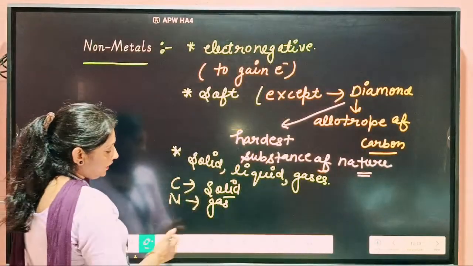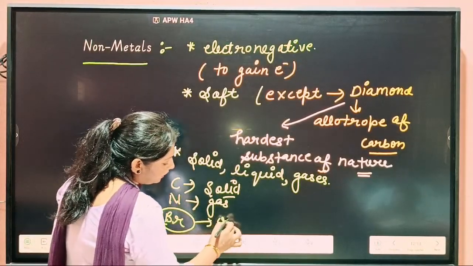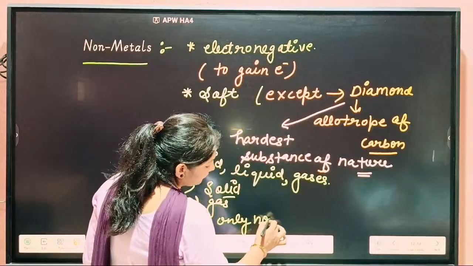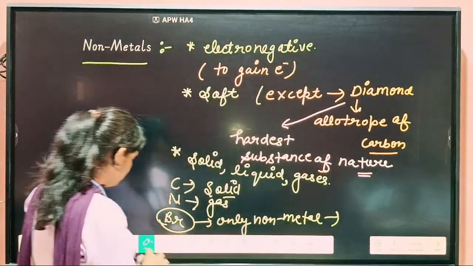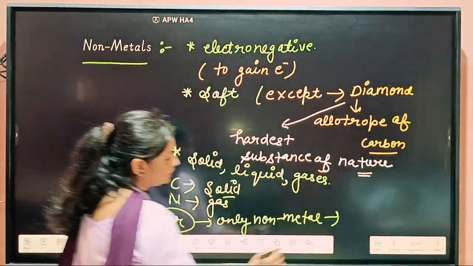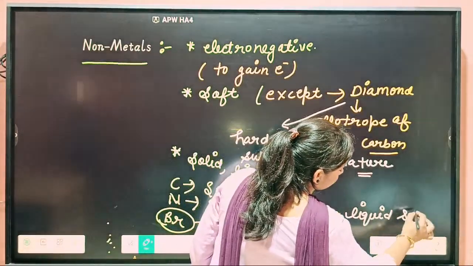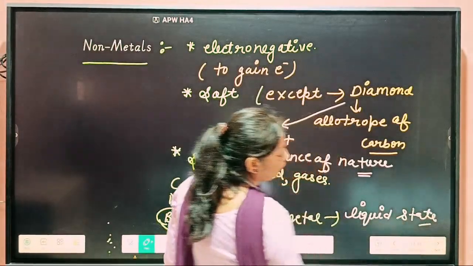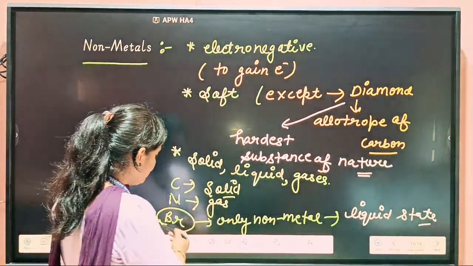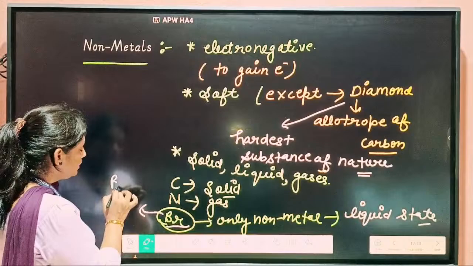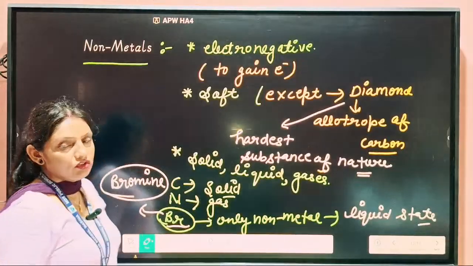Then bromine is the only non-metal which exists in liquid state. Mercury is the only metal which exists in liquid state, and bromine is the only non-metal which exists in liquid state. You will keep this in mind.